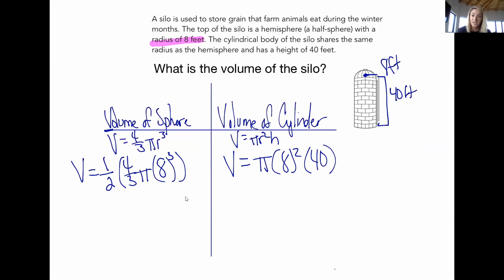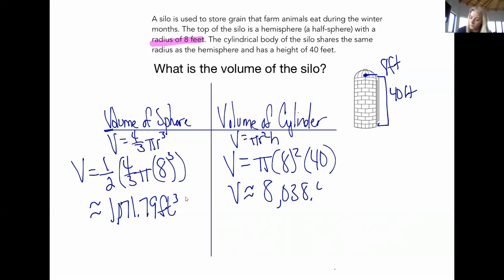So in this situation, I can go ahead and do those calculations. I want to make sure that I do the 8 cubed first. This ends up giving me somewhere around 1,071.79 feet cubed.